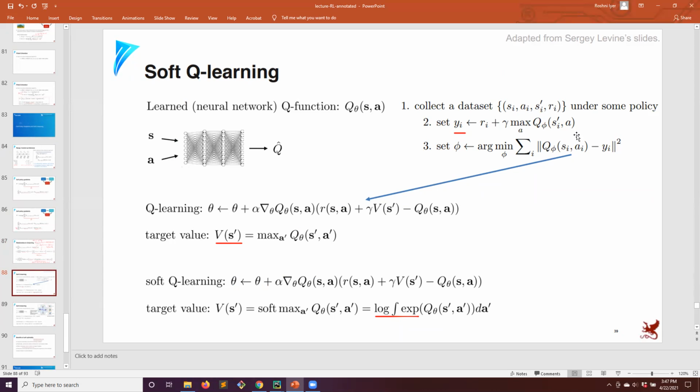So in this step 3 here, when we substitute y to be this, we get this expression. This is the gradient of that objective function. And in soft Q learning, it's actually the same thing. The only difference is that now we're applying a softmax instead of just a max.